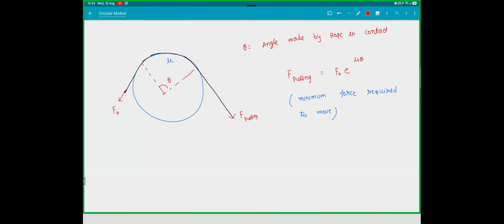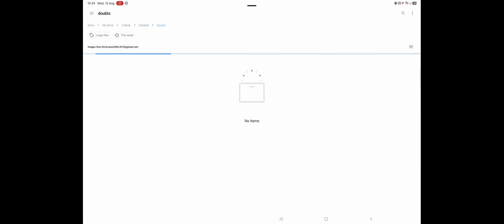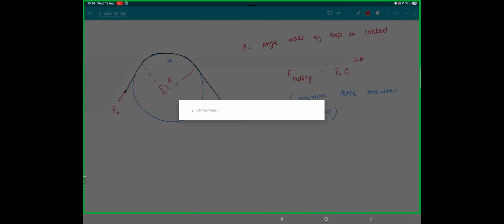So you can generate a very high tension using this technique. I don't know if you have ever seen in ships and movies, how they tie the knot to the rope. Let me see where it is. This is how they tie the rope, if you have ever seen.